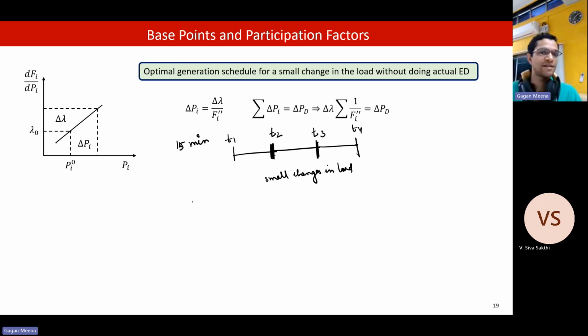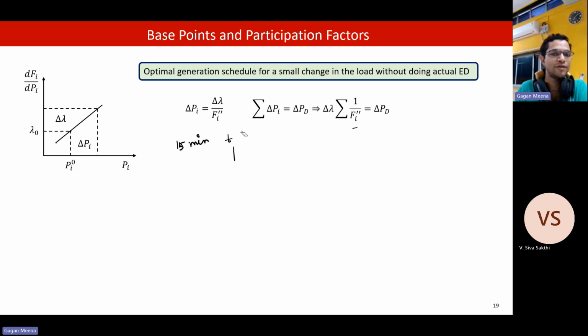Because in a large system, there are several thousands of generators. If we can have a simple formula for that, then it can help us when there are very minute changes in the load. So that is the motive for developing these participation factors.